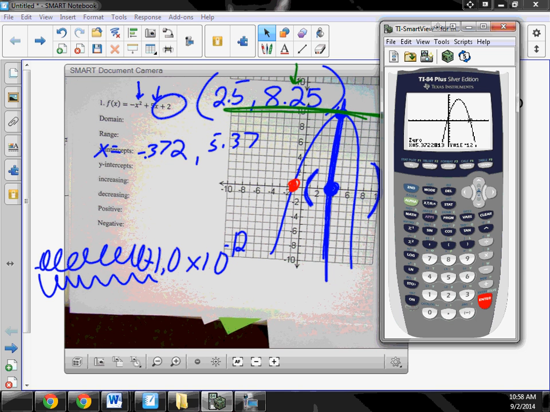So what is the smallest number in the set of all ranges? -infinity. What is the highest one? Do we put parentheses or brackets on the infinity? Parentheses. Parentheses or brackets on the 8.25? Bracket. Okay? So that's your homework tonight, is to do the rest of this. And that will be due tomorrow. Yes. Do the other 2 problems on the back.